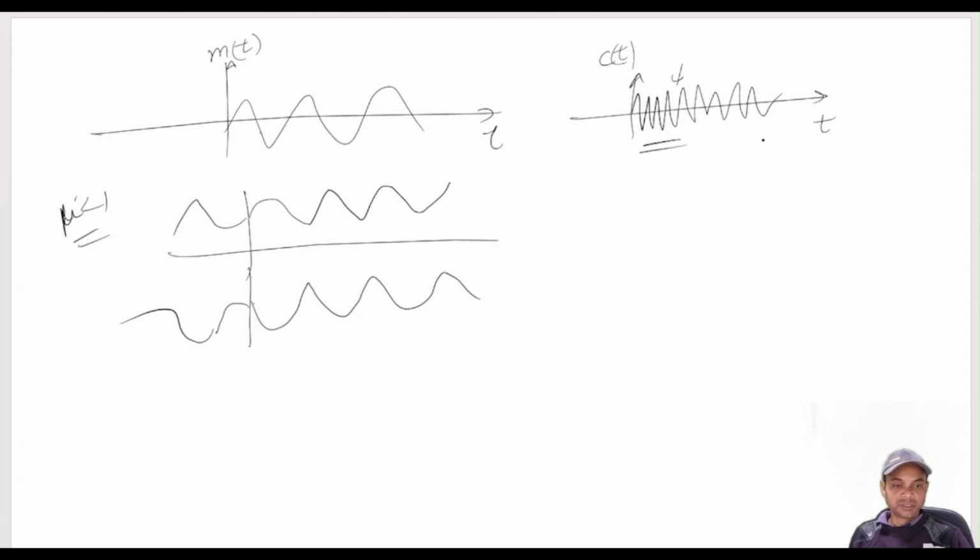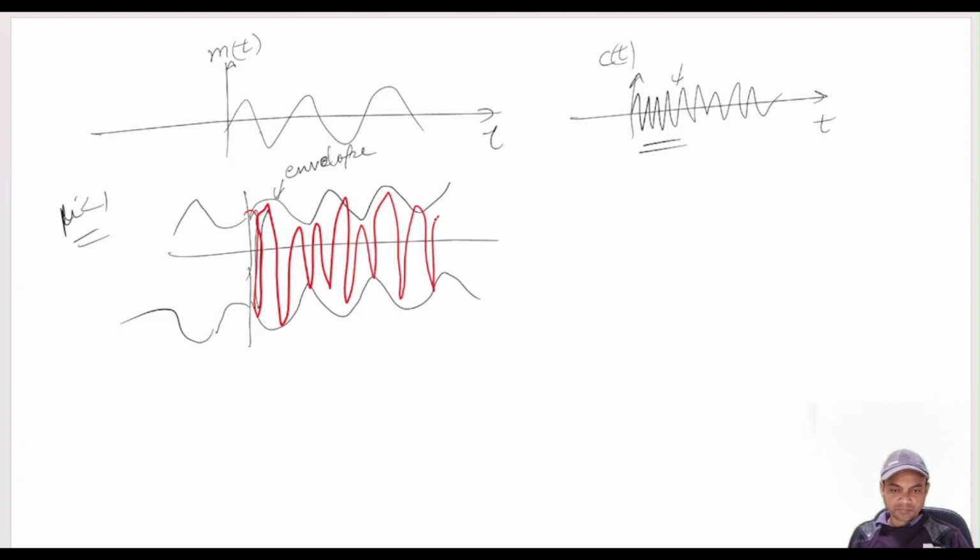I am drawing the envelope here, and our final modulated signal is drawn in red. This is for mu less than 1.